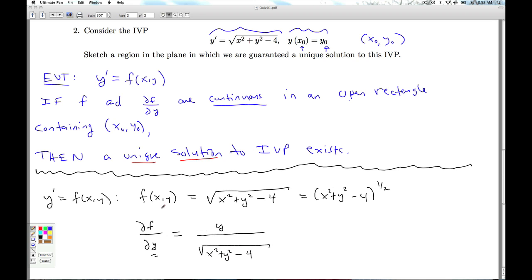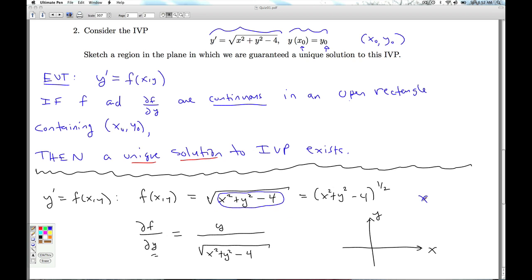And so the question is, where are both of these functions continuous? Where are both of them happy? So let's go over to the plane. In order to keep the function f happy, I need to make sure what's underneath the radical here is bigger than or equal to 0.